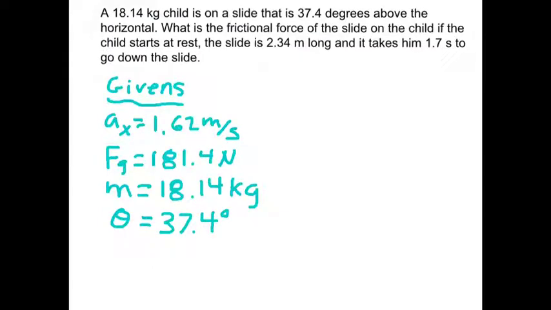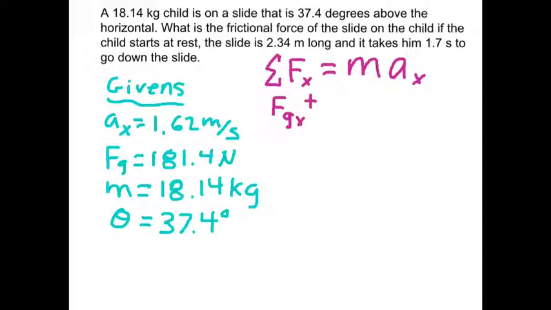As we said before, we are using the equation sigma f of x, which equals mass times the acceleration on the x-axis. So the equation ends up being the force of gravity in the x direction equals the mass times the acceleration in the x direction.